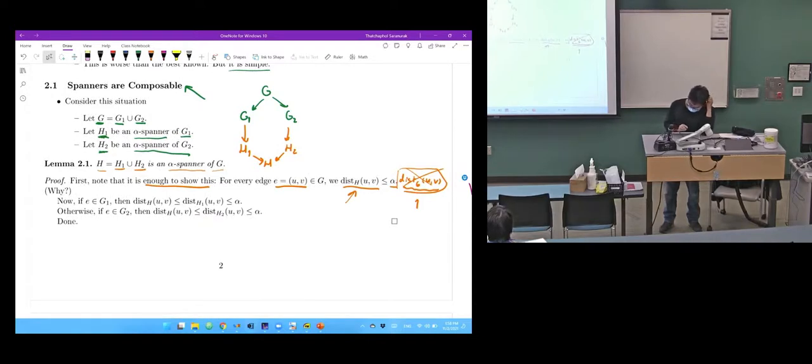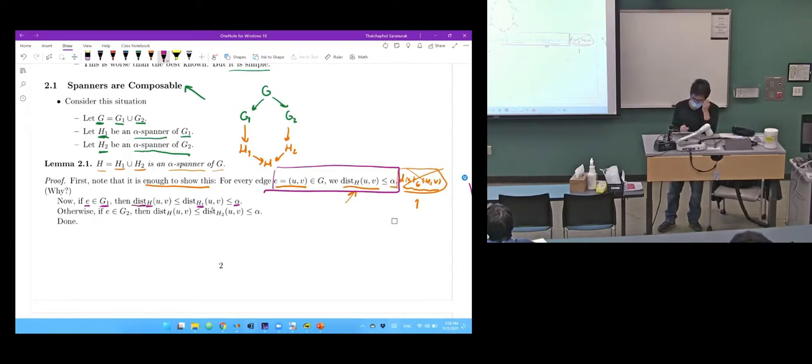So now it's simple. Let's try to prove this statement. Well, there are just two cases. If an edge is in G1, then if you look at the sparsifier H1, you preserve the distance up to alpha, and the distance in H1 is obviously an upper bound of the distance in H, because H is the union of H1 and H2.